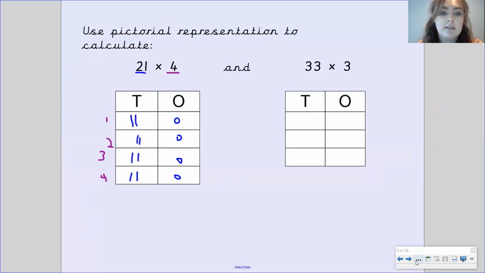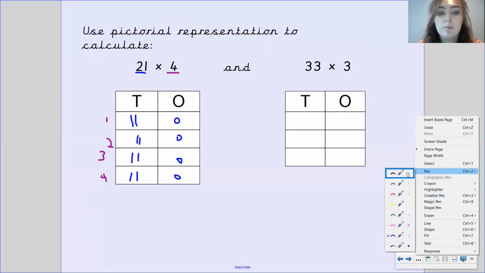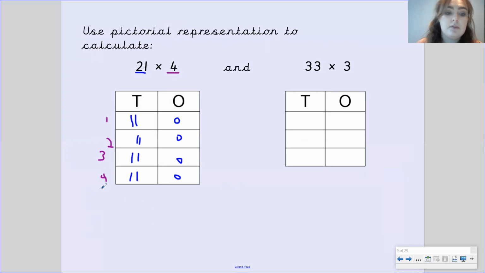How would we write that as a repeated number sentence? Can you please, underneath, write out the repeated number sentence? Pause the video here to have a go. Okay, so we have 21 and it appears 4 times. So we would do 21, add 21, add 21, add 21 equals.